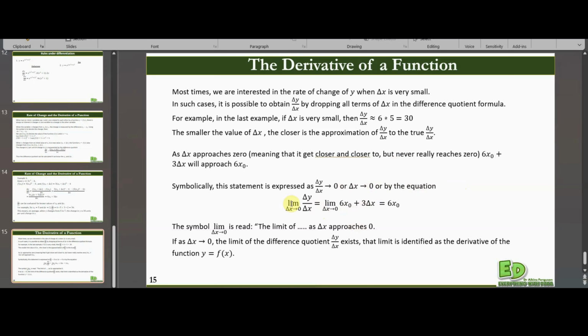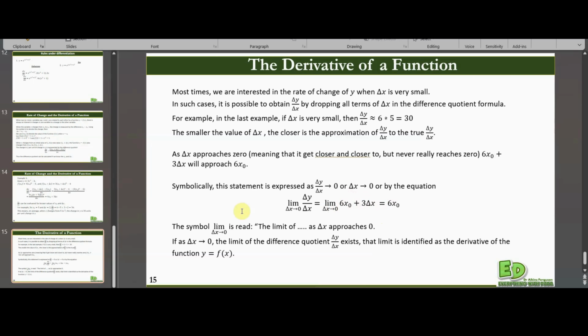So we say the limit as the change in x approaches 0 of the change in y over change in x is 6x0 plus 3 change in x. Wherever we have change in x, it's going to be replaced by 0 automatically. So that will be 6x0 plus 3 times 0, and that will give us 6x0.